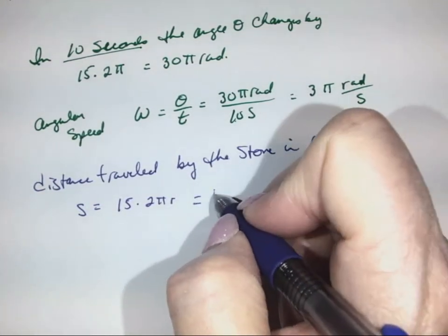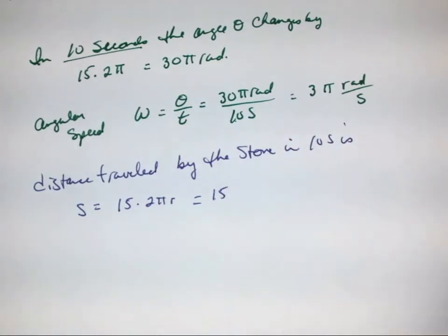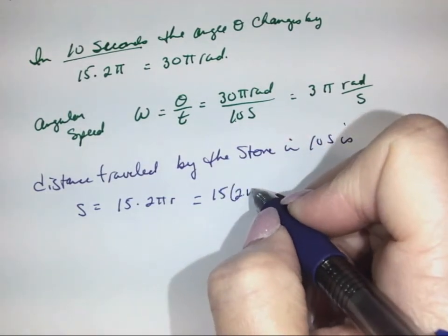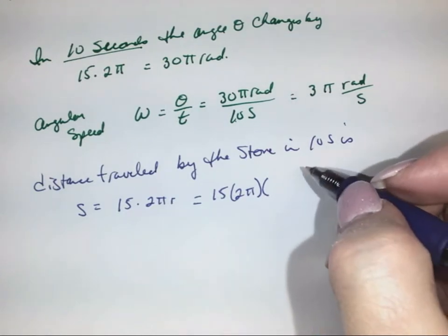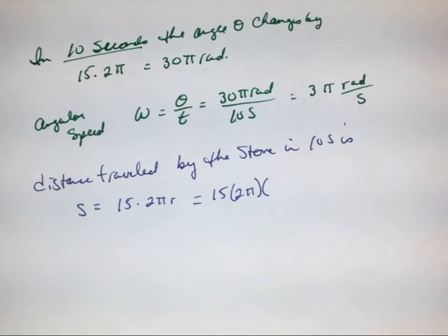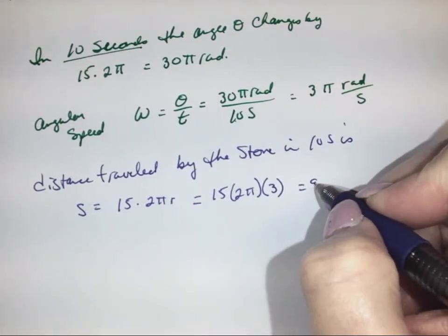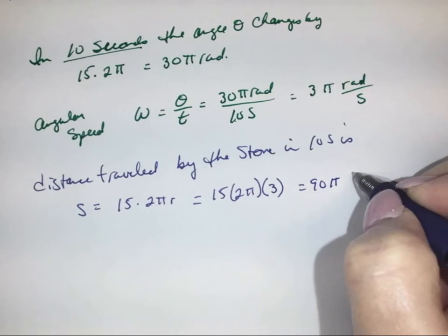So we have 15, because there are 15 revolutions, times 2 pi, and our radius was 3, because that is the 3-foot long sling that he had. If we multiply that, we get 90 pi feet.